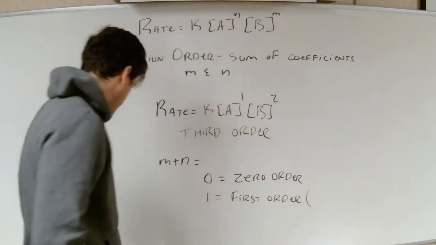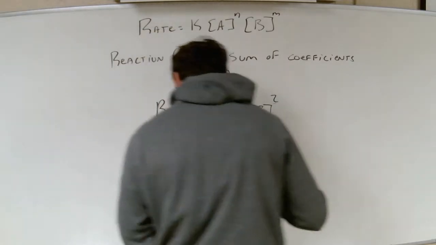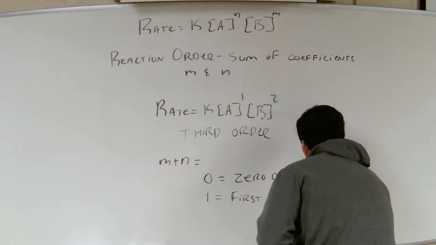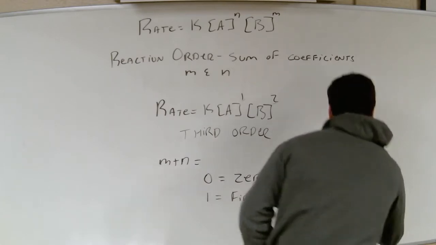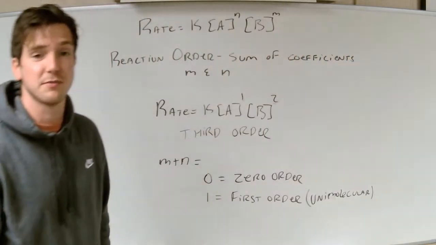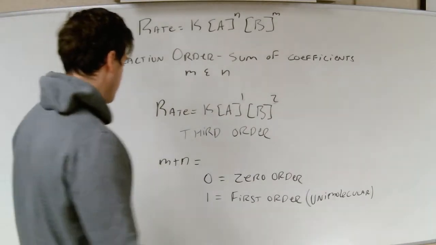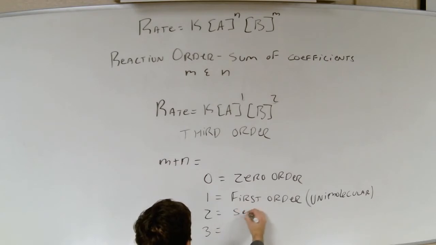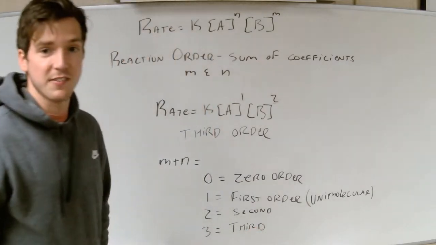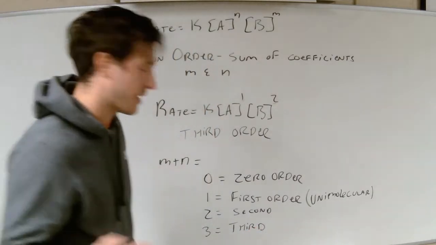which is also known as unimolecular. It's a unimolecular reaction, which means it's just based off of one molecule's concentration. Okay, and once again, 2 and 3, second order, third order. Okay, but if it's second order, it's called bimolecular.